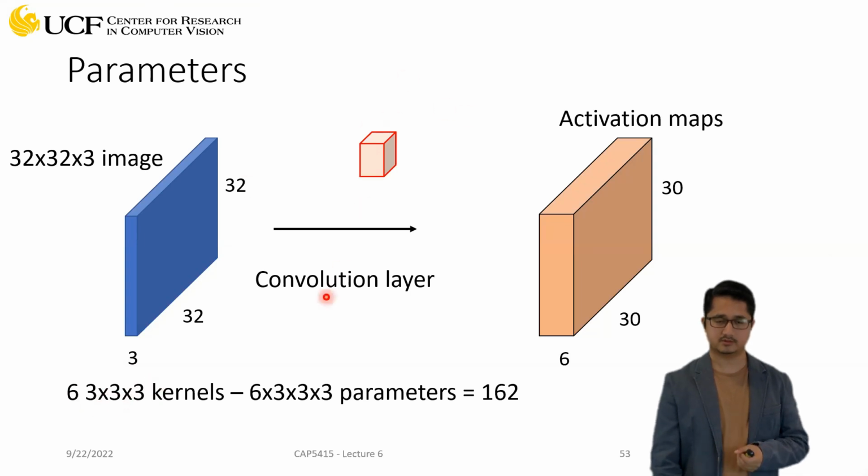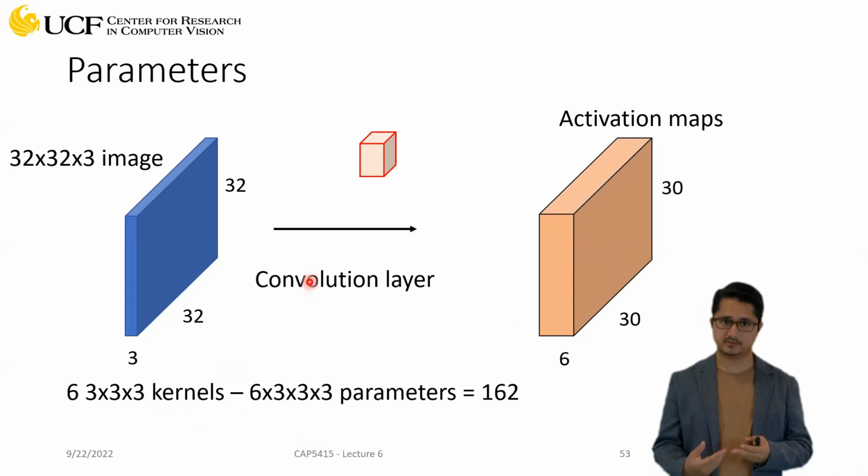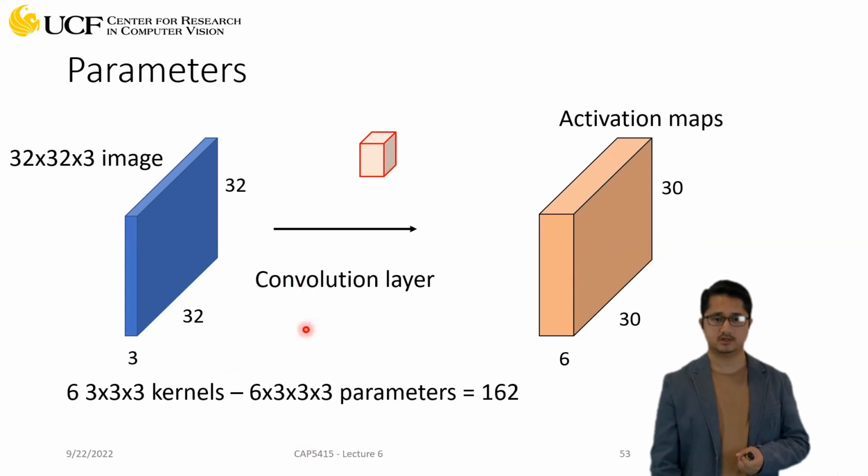That constitutes this convolution layer, and if we apply it on this input data, we get this form of activation map. If we ask how many parameters we have in this convolution layer, we can just count them. This gives you 162, which means this convolution layer has 162 different parameters.